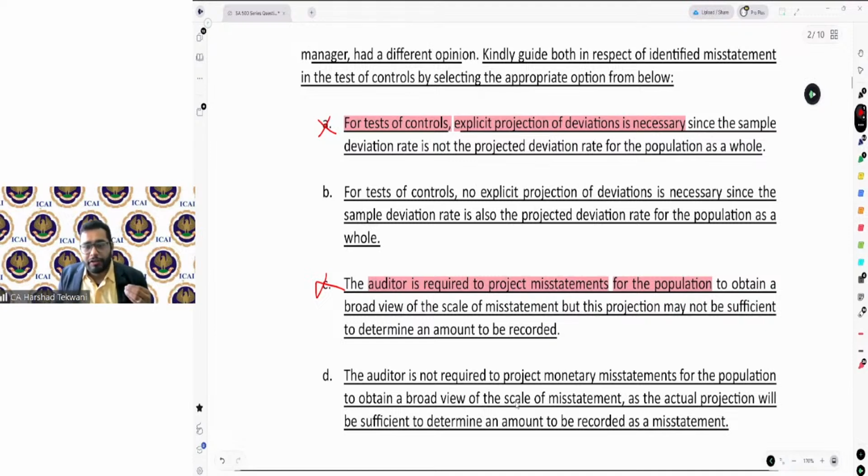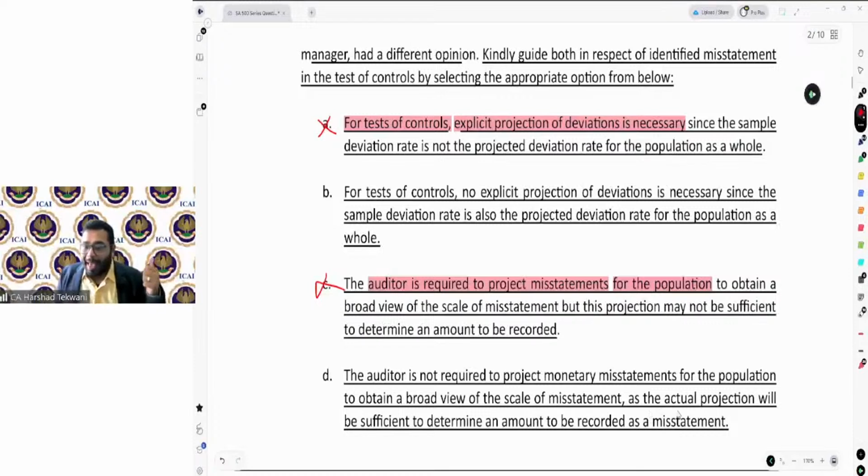Option D. The auditor is not required to project monetary misstatement for the population to obtain a broad view of the scale of misstatement, as the actual projection will be sufficient to determine the amount to be recorded as a misstatement. Number 1, we are not talking about the projected misstatement or monetary misstatement. Monetary misstatements come from the test of details, and there you require projection. So when I say projection of monetary misstatement, it goes to the test of details, not the test of controls.